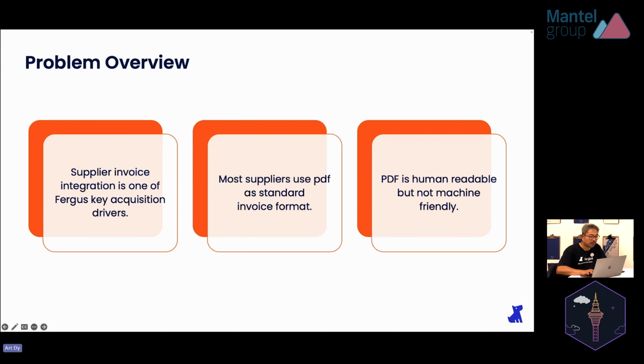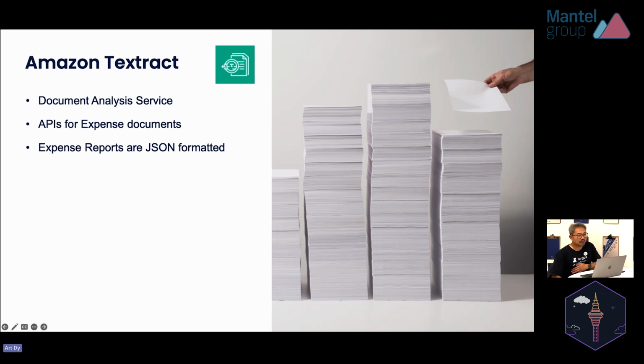A little bit of overview on Amazon Textract. Amazon Textract is the document analysis service offered by AWS. It's been there since 2020, I think, and it also offers a set of APIs specific to expense documents. So it fits very well for our use case, which is supplier invoices.